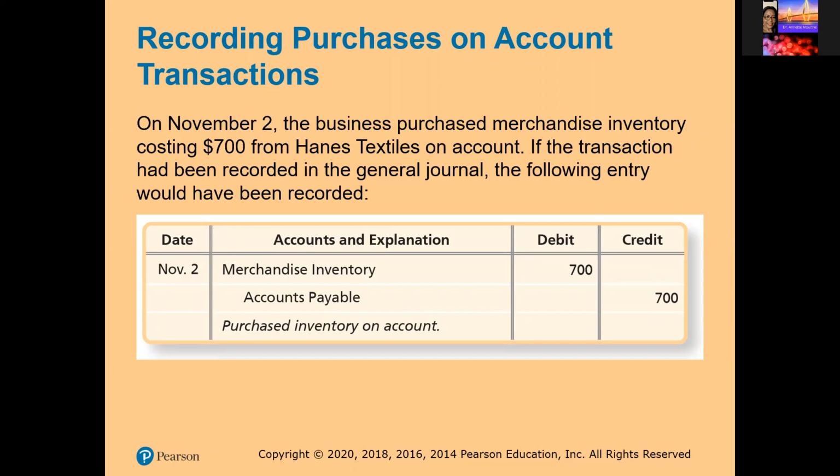The vendor's name, Haynes Textile, is entered in the vendor account credited column. The purchase terms of 3/15, n/30 are also entered to show the due date and the discount available. Accounts payable is credited for the transaction amount and merchandise inventory is debited.